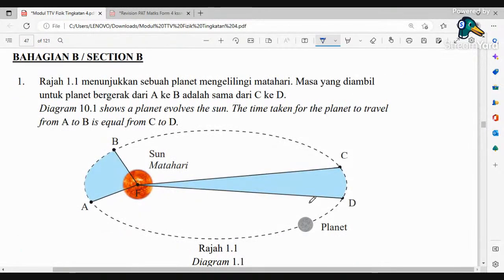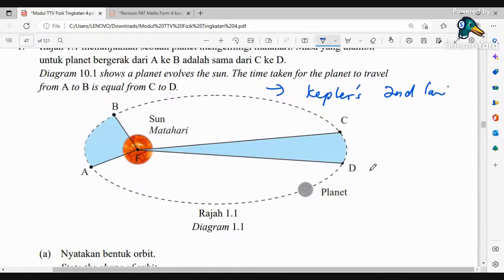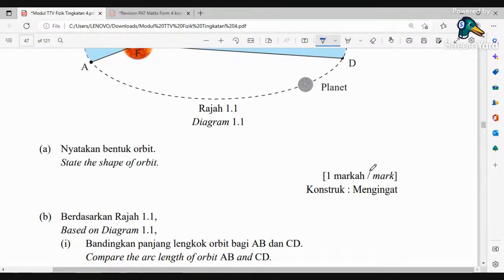Okay, section B. Diagram 10.1 shows a planet revolve the sun. The time taken for planet to travel from A to B is equal from C to D. Remember what is this law? It's Kepler's second law. Okay, now we look at state the shape of orbit.